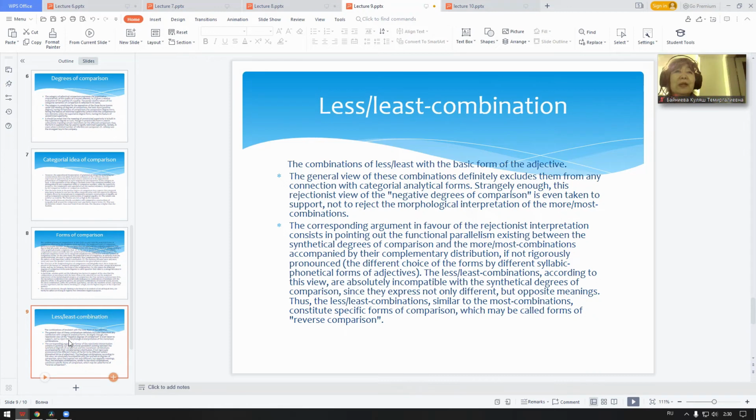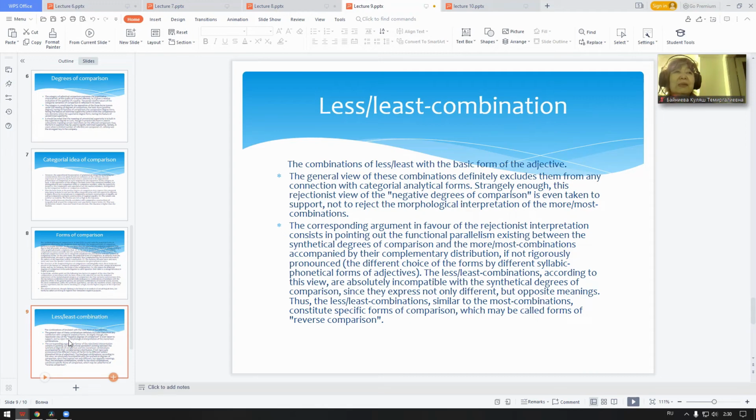The corresponding argument in favor of the rejectionist interpretation consists in pointing out the functional parallelism existing between the synthetical degrees of comparison and the most combinations, accompanied by their complementary distribution, if not rigorously pronounced, in the different choice of the forms by different syllabic phonetical forms of adjectives.